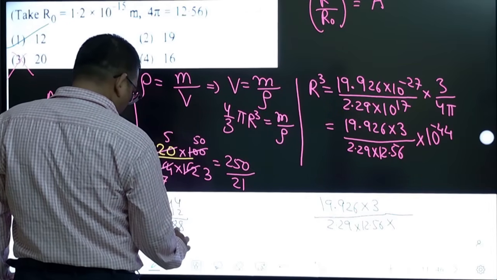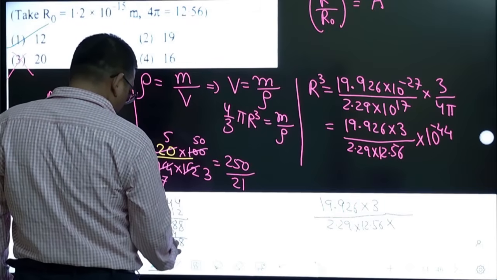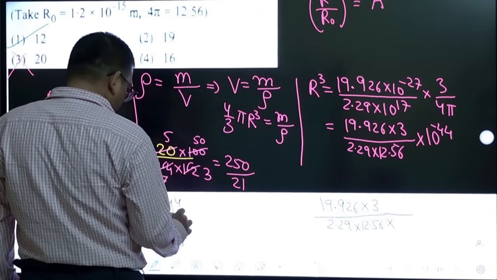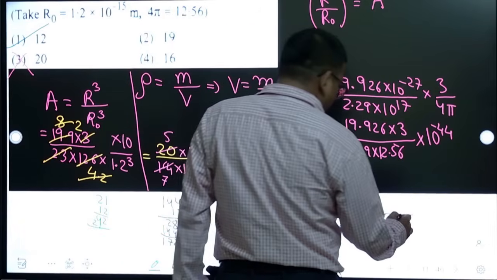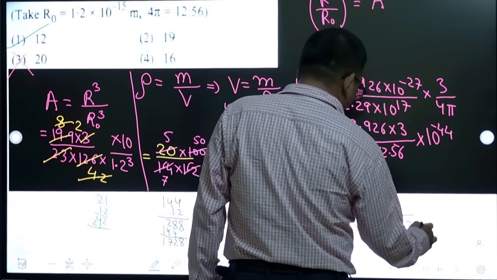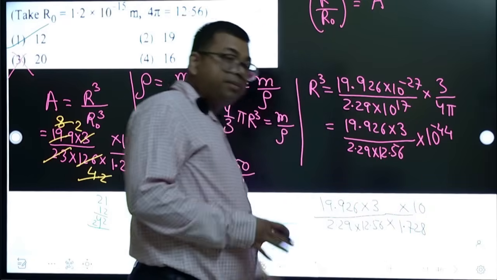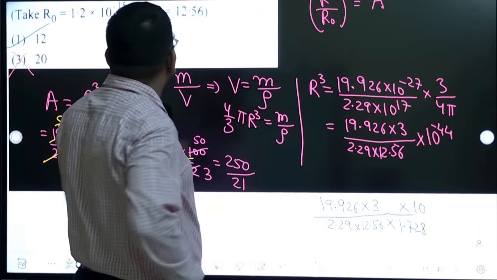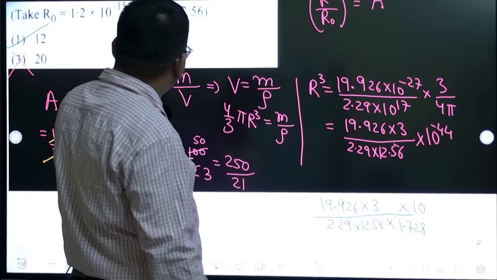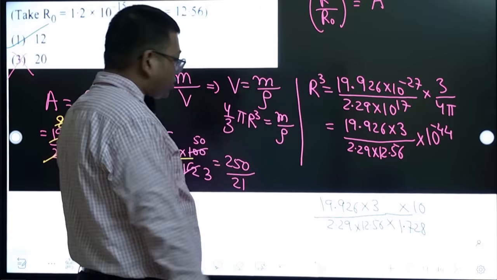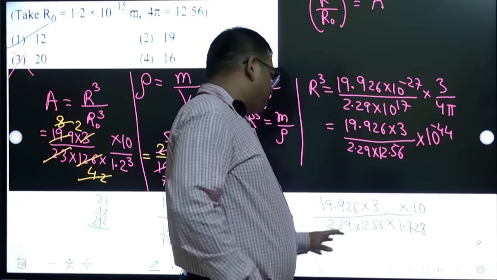So 8 and this is 2, 7, right? 1. So then it is coming 1.728. This is like 1.728. An extra 10 is there. Exact calculation. See, I am trying to do exact calculation because 12, 16, 19, they are of course far, but I have done lot of approximations. So am I correct or not? I have to make sure. So this is exact calculation.